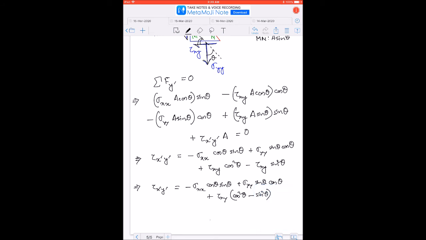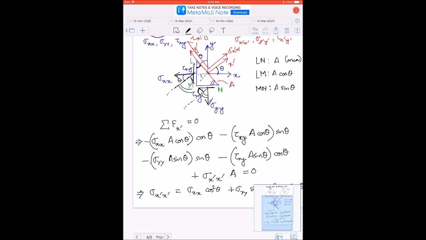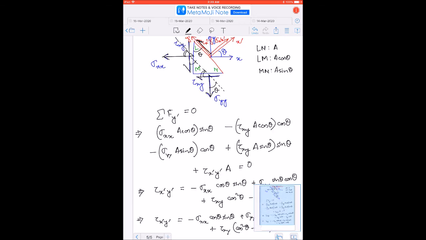Okay, so if we look at the last bit of the previous part of our lecture, we had obtained an expression for sigma x dash, and now we have obtained an expression for tau x dash y dash.